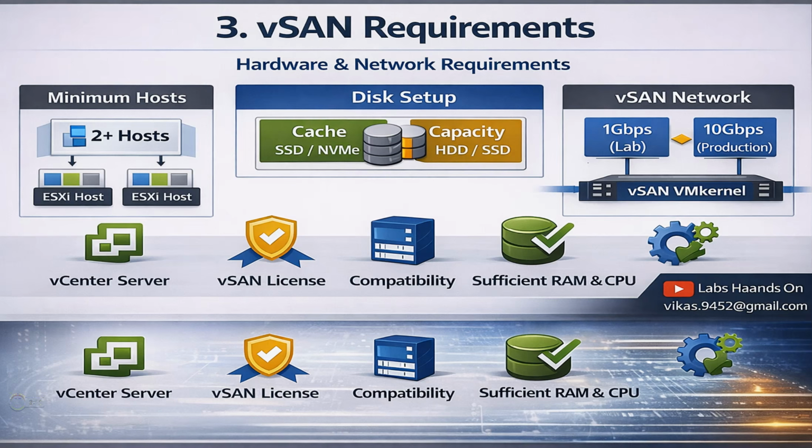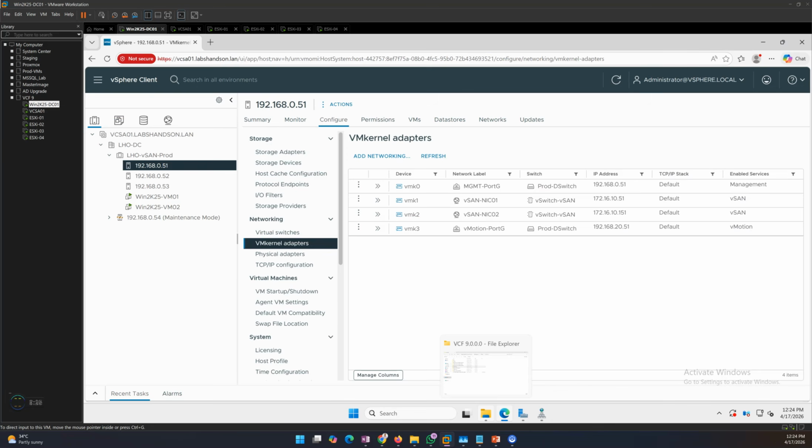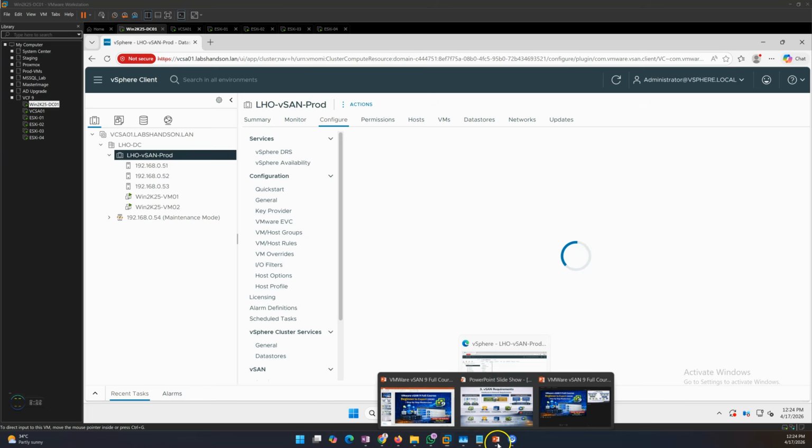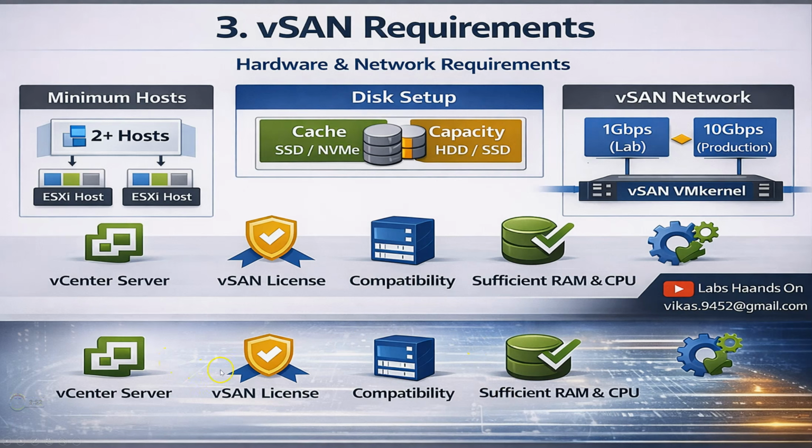And software requirement, you need an ESXi server, you need a vSAN license, and you need a vCenter server. On the networking side, vSAN requires a dedicated network for vSAN traffic, and the VMkernel port must be enabled for vSAN traffic, which I have already shown you here. So these are some prerequisites to deploy a vSAN infrastructure, and you should always have significant RAM and memory.